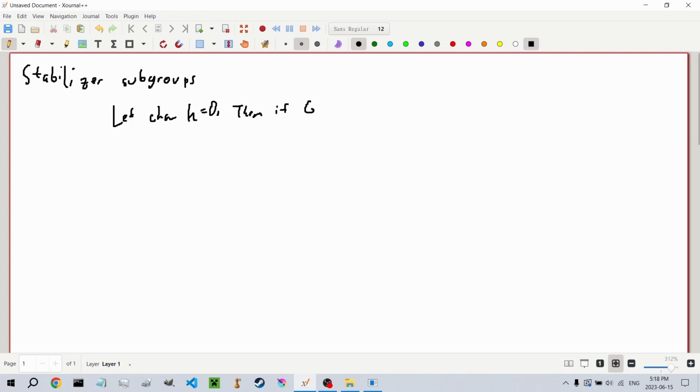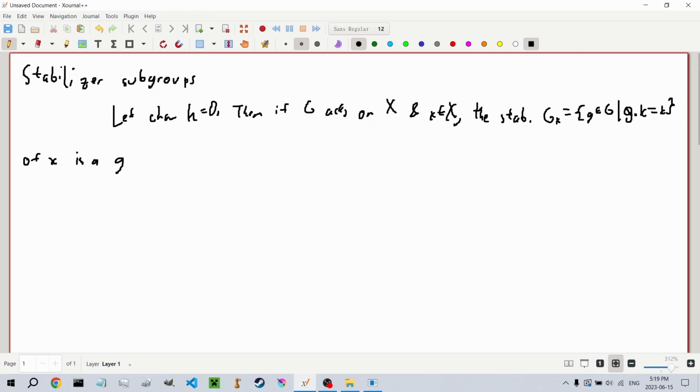Then if G acts on X and x is an element of X, the stabilizer G_x, being the elements of G in our group that don't do anything to x, is a group submanifold of G.